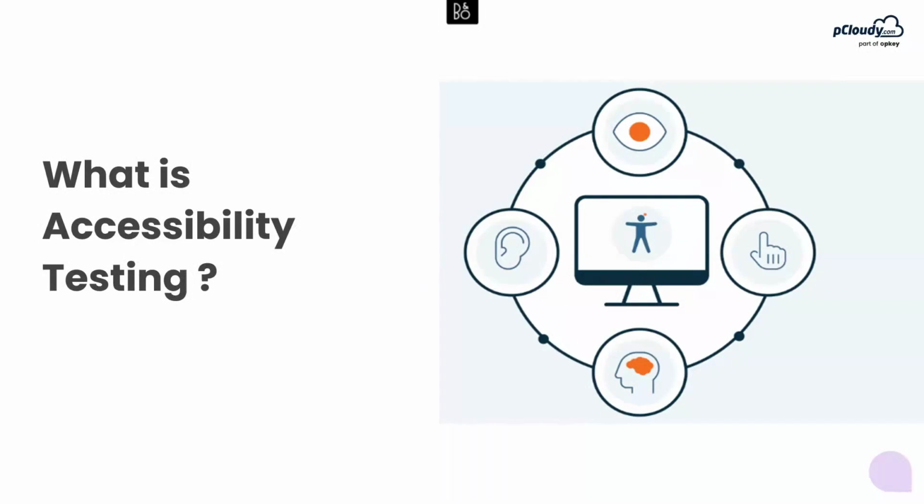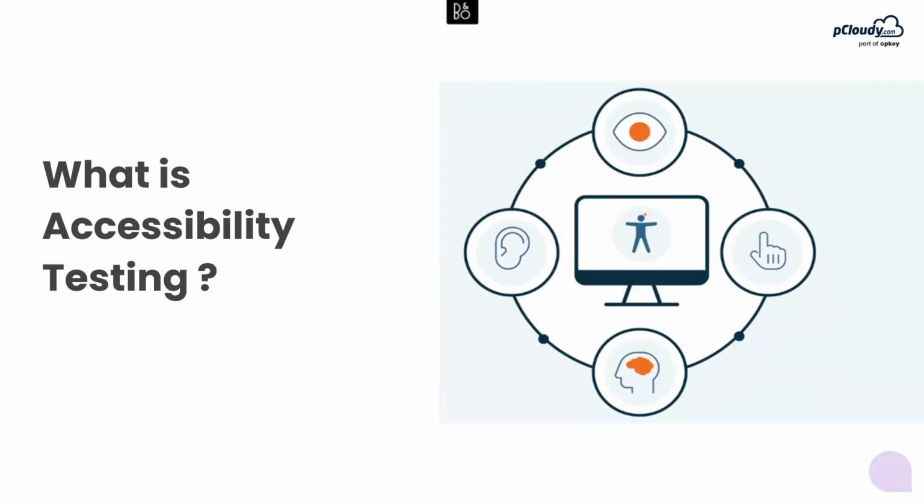It makes it possible for people with impairments to browse and navigate the website without being limited by issues. So it's very important that the application goes through thorough accessibility testing to make sure it is accessible by all.